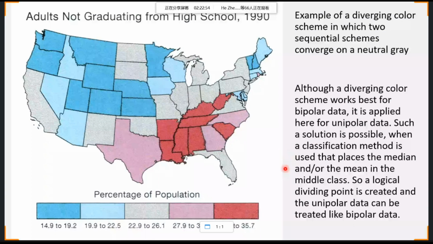So a logical dividing point is created, and the unipolar data can be treated like bipolar data. So you have this mean or median here in this class, in the center, best is in the center of this class, and then you can compute all the other numbers as a bipolar scheme.